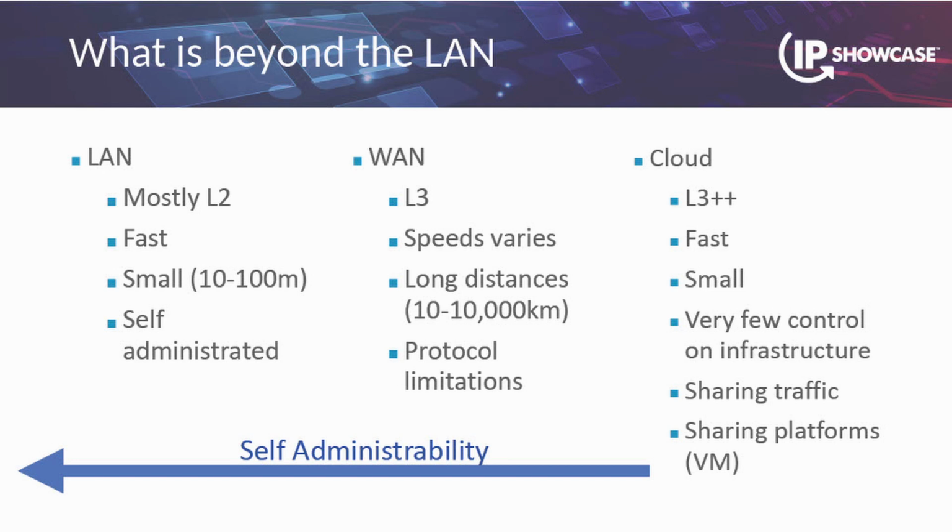The cloud, I define as S3++ because it's a very tightly managed network that is also layer 3. It's very fast and it's usually small in terms of size, but you have very little control over the infrastructure. And you are sharing traffic by definition, and you are even sharing platforms sometimes.